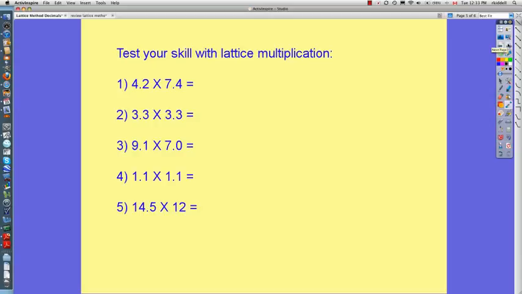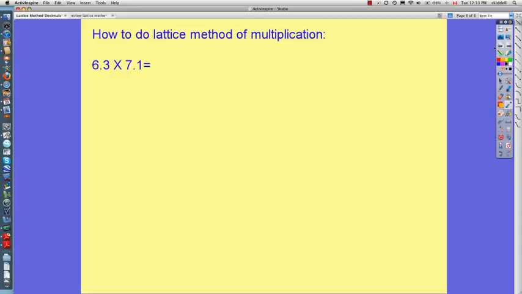So if you just watch this page, and we'll go through it a bit more slowly than we did in the past. So 6.3 times 7.1. So I have to make a grid. I failed drawing, so this won't be very good, but you get the idea.